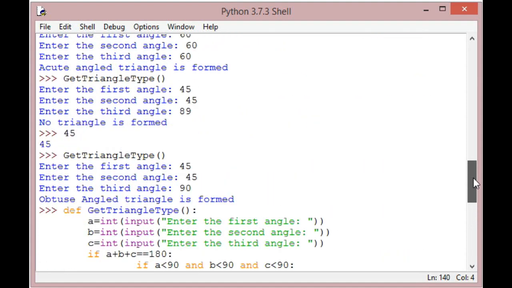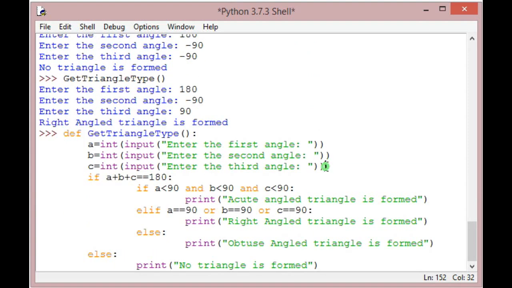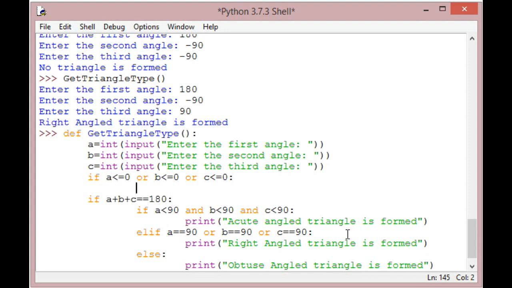Now there is a way to it. Like here, when you are copying it down, one extra thing you have to write, that is, if A is less than equals to 0 or B is less than equals to 0 or C is less than equals to 0, that means any of them is less than 0 or equals to 0, because angles can never be 0 or negative.